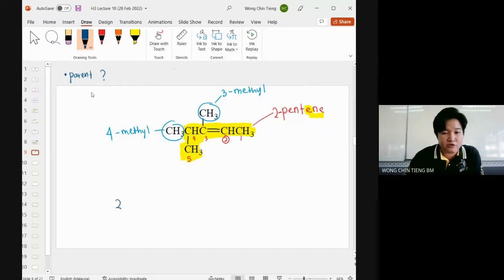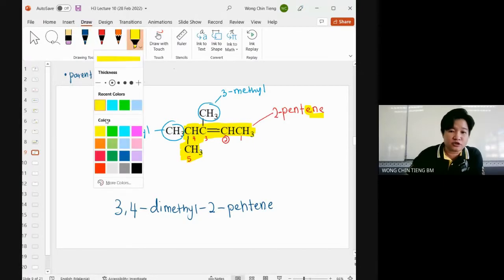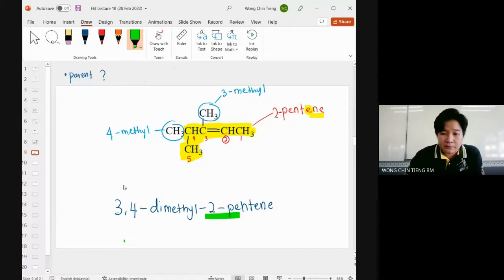Their name would be 3,4, 2 kali, sebab ada 2. Combine jadi dimethyl, ada 2, so kita guna prefixes. And then parents adalah 2-pentene, 2-pentene. That is how we name your structure. Okay. Parents 2-pentene, substituent 3,4-dimethyl.